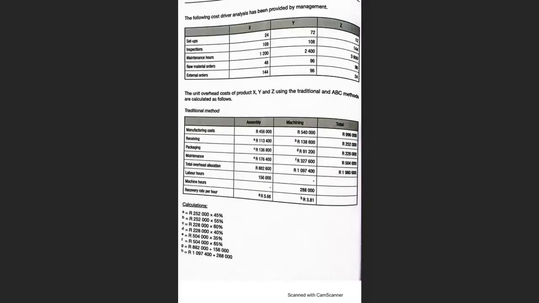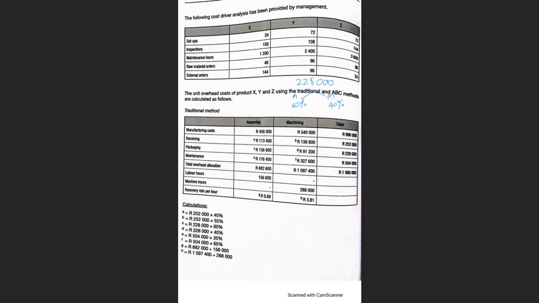So you'll go to the information, you'll go to the table here. The amount that's being split is 228,000 rand. You're going to say 60% is going to the assembling department and the machining department is 40%.